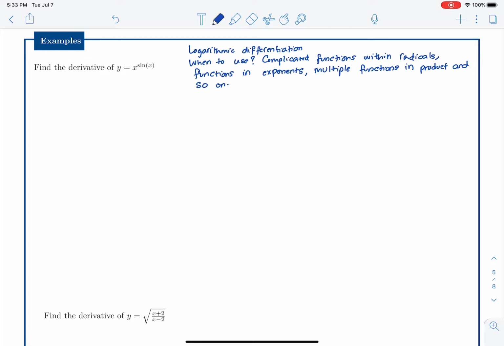So usually with practice, people would realize, okay, I've got to use logarithmic differentiation here.